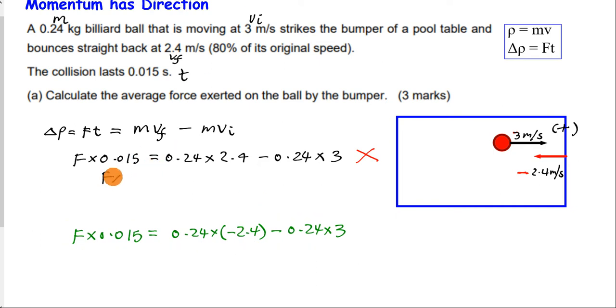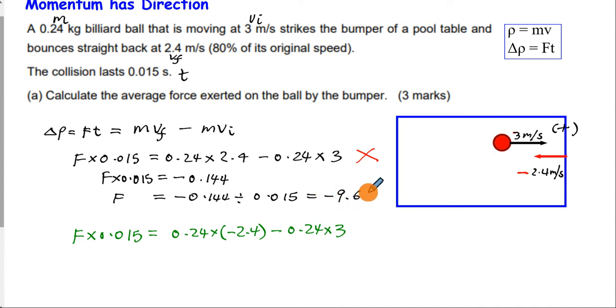F times 0.015 equals minus 0.144, and force therefore equals minus 0.144 divided by 0.015, and that equals minus 9.6 newtons.